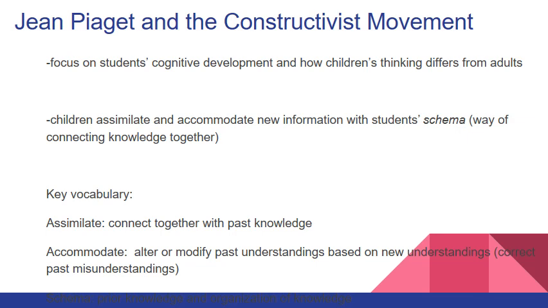So they might correct some misconceptions or maybe some not very well elaborated thoughts when they are taught by their teacher or their peers the new information and provided more details of that new information.